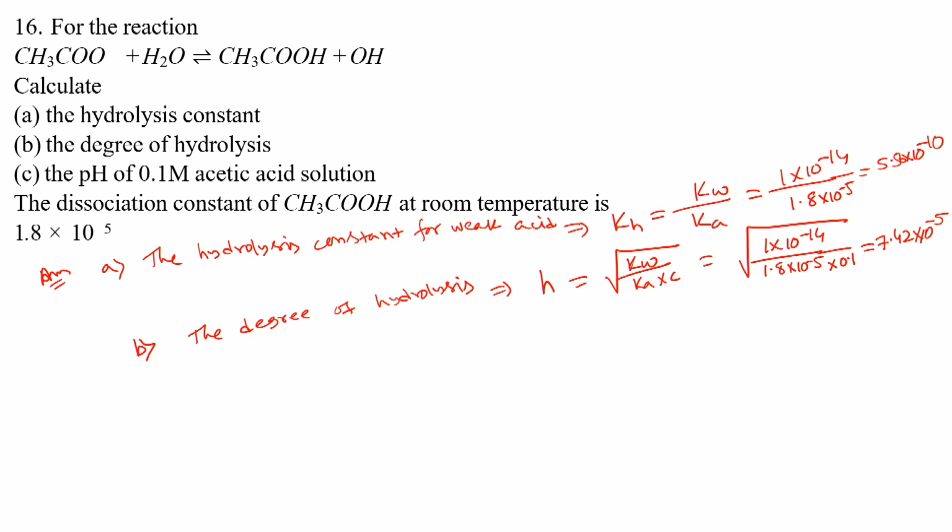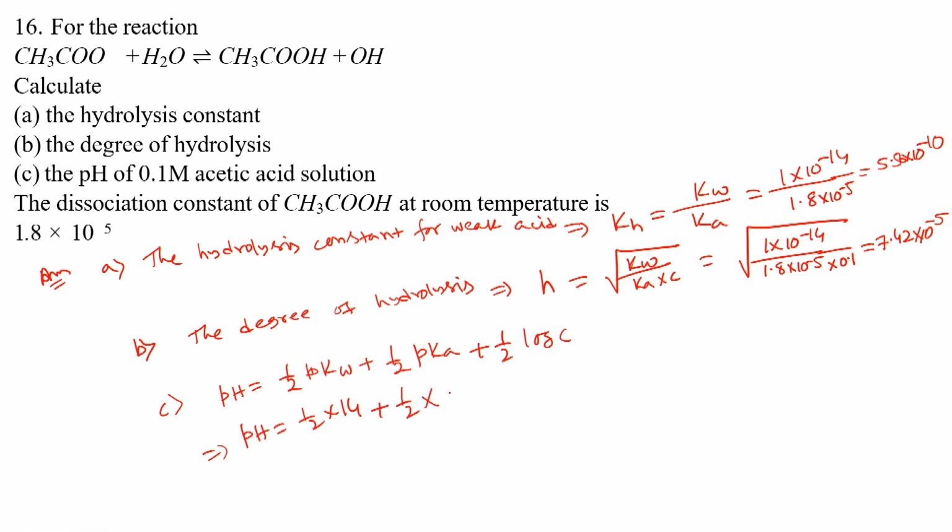Now part C, you need to calculate pH. Okay, so pH is half pKw plus half pKa plus half log C. Now you substitute everything. pH is half pKw, value of pKw is 14, and half times the value of pKa.